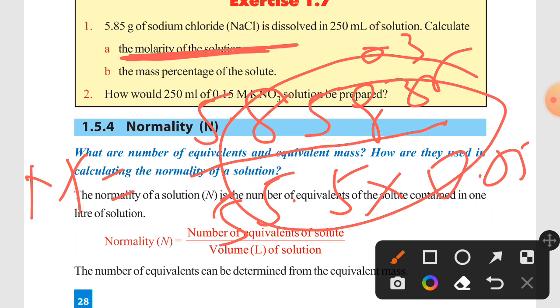Next, the mass percentage of the solute. Mass percentage of solute is related to molarity.